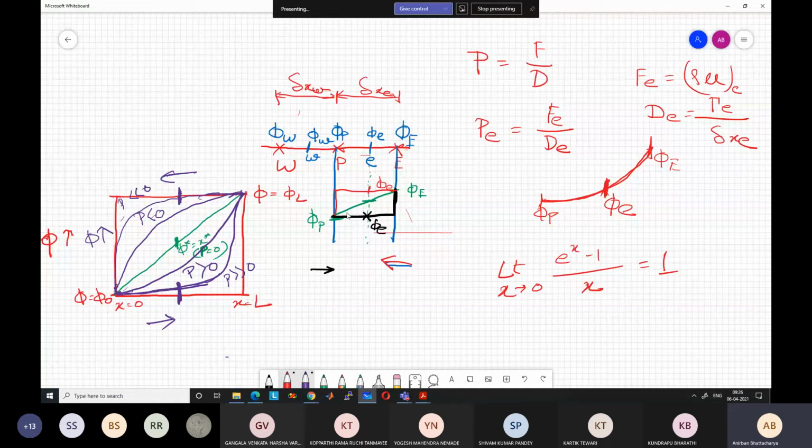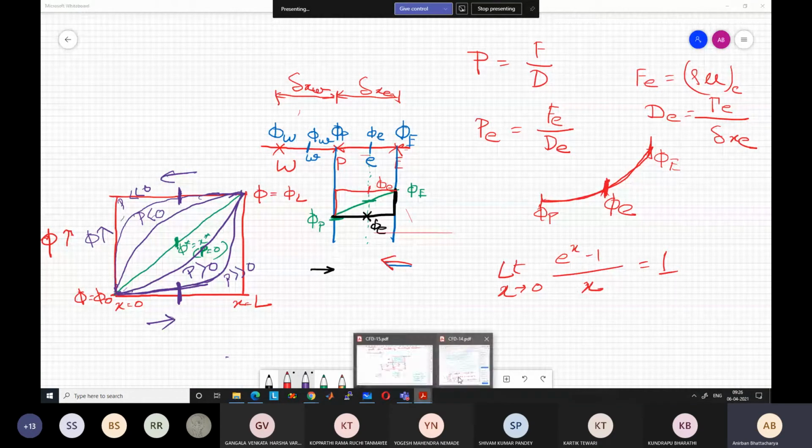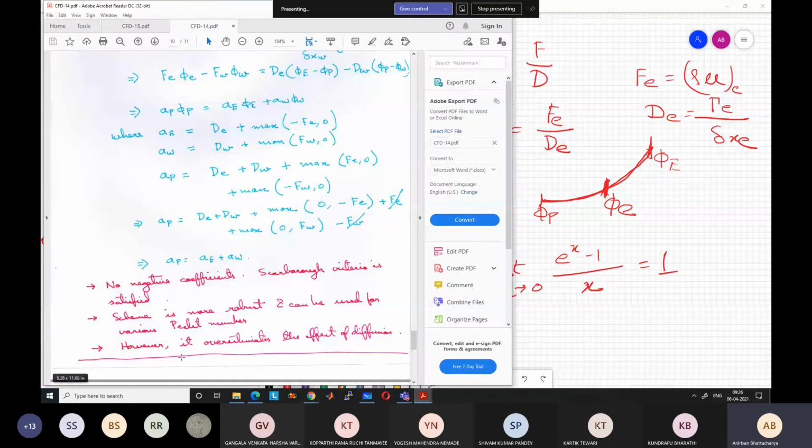So we have taken the black line or the red line for the convective part, but for the diffusive part, we have taken this green line. Okay. For interpolating the interface value. So we had assumed that there is some significant diffusion for the diffusive part. So that is actually not there in the exact solution. So that is why I had mentioned yesterday that, however, it overestimates the effect of diffusion. The upwind scheme overestimates the effect of diffusion. Okay.